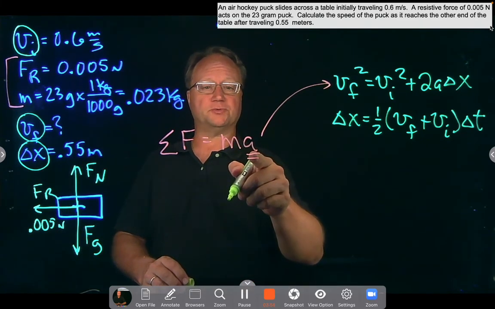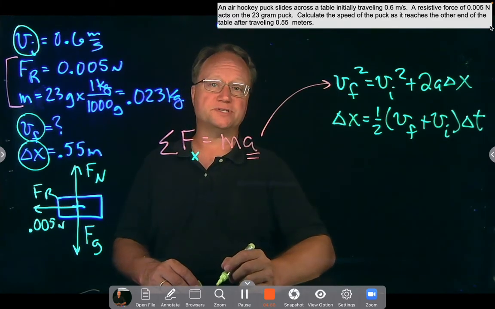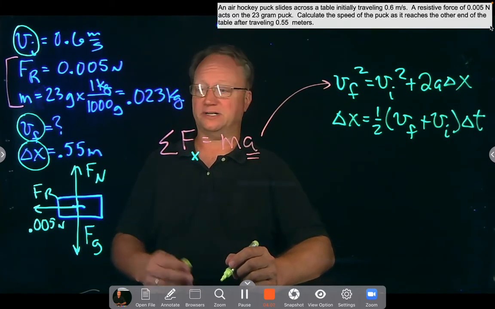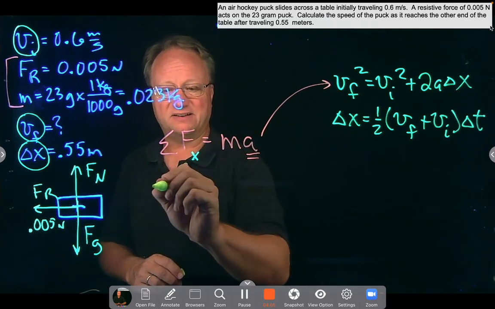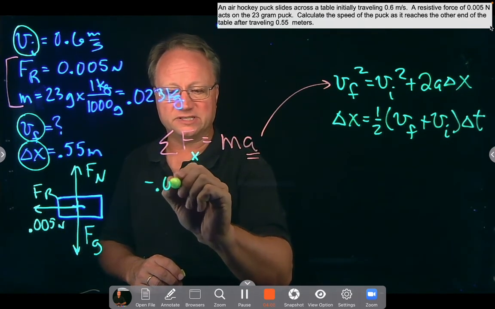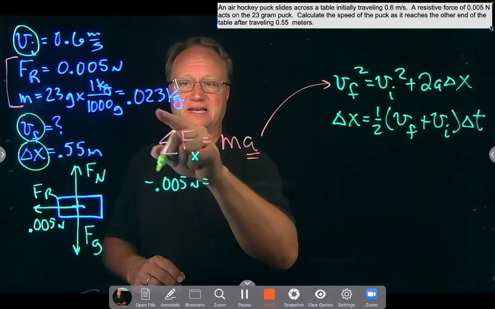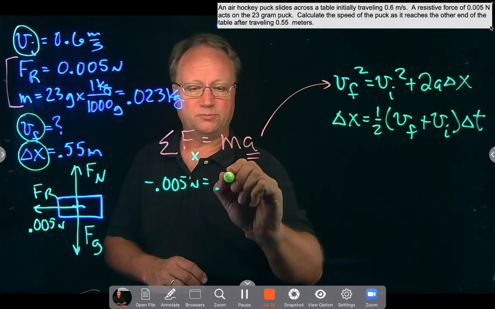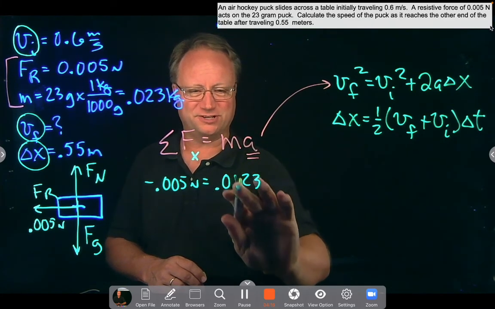The acceleration we want is horizontal. So I'm going to sum all the horizontal forces that are acting on the hockey puck. There's only one. So that's going to be to the left, negative 0.005 newtons is equal to the mass in kilograms, 0.023, whoops, one extra zero there.